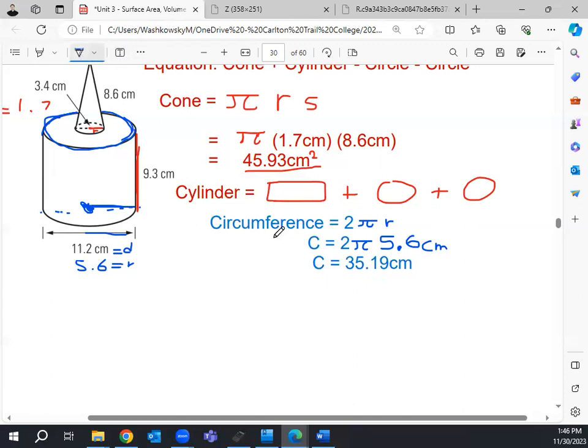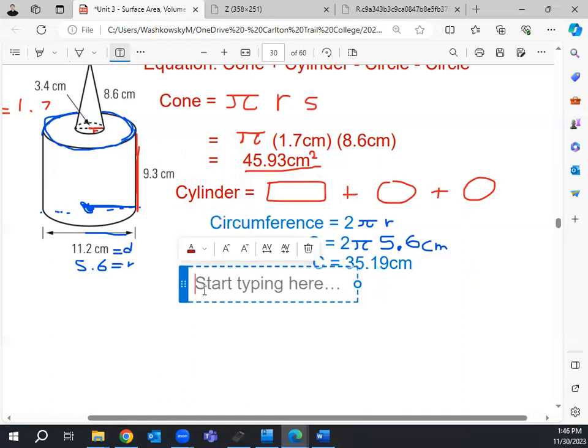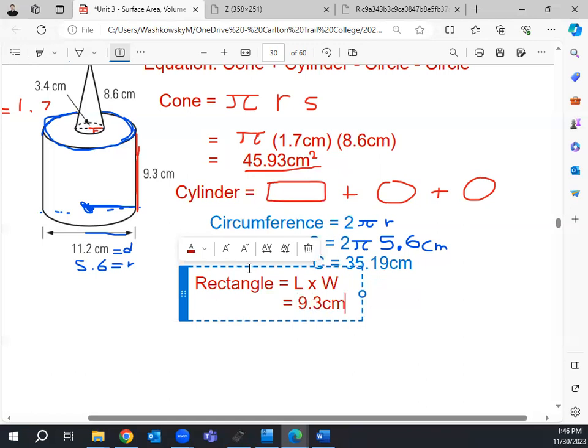Okay. So all of this was just to find that circumference. I still need to find the rectangle. I just needed the circumference to do it. So the rectangle, we know that one's just going to be length times width, right? I now have my length, which is 9.3.